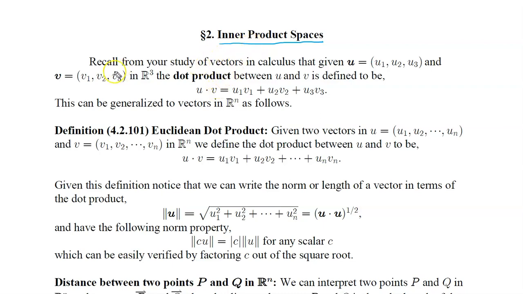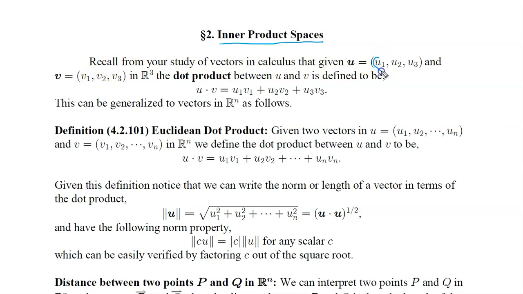Now before we do that, let's recall from your study of vectors in calculus that if we're given two vectors u and v in R3, or this also works in R2, the dot product between the two vectors u and v is defined to be this quantity. So we say u dot v equals u1 times v1 plus u2 times v2 plus u3 times v3. So we simply take the components of the vectors and multiply them together.